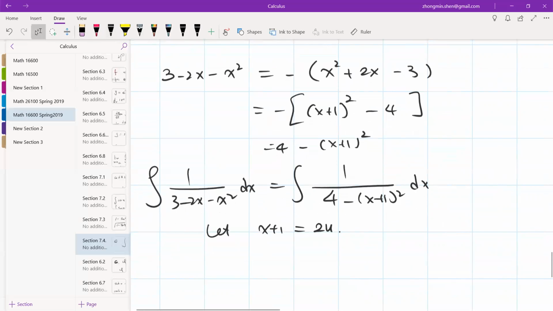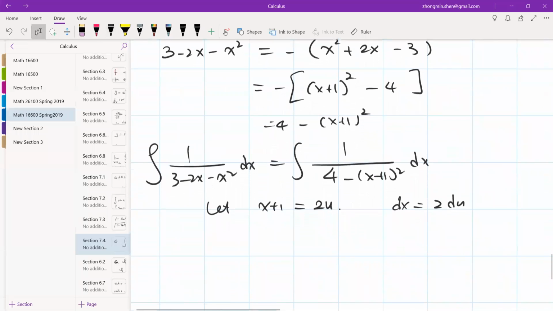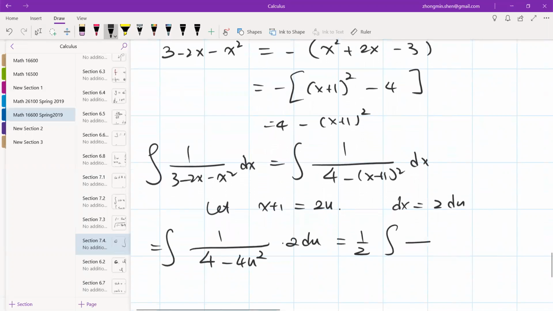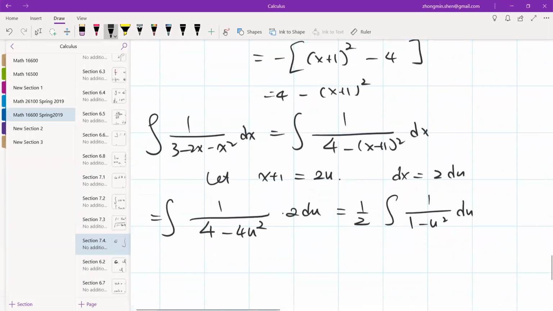Then you have a 4 and you take the 4 out. So dx equals 2 du. The integral becomes 1 over 4 minus 4u squared, and the dx is going to be 2 du. So you take 1/2 out, and you get the well-known integral.